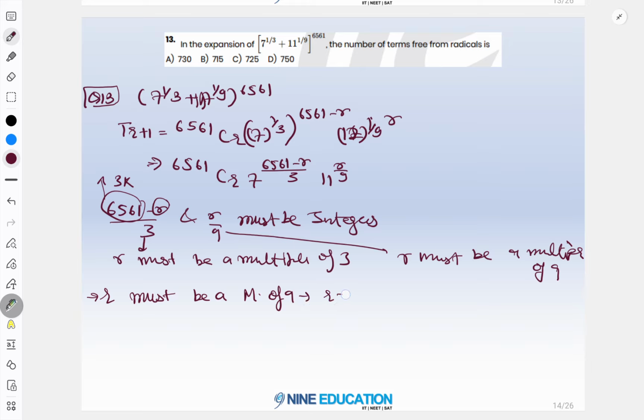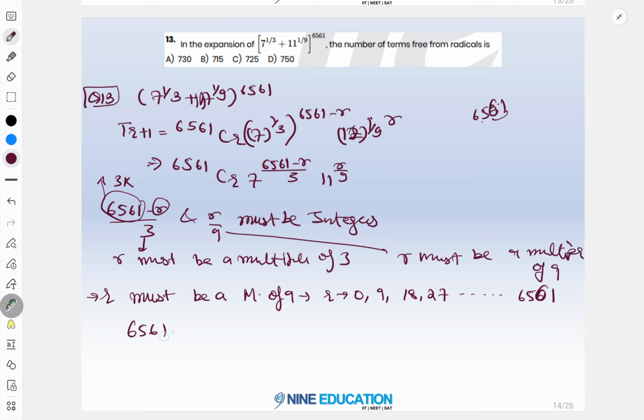So what values can r take? r can take values 0, 9, 18, 27, and so on. The last value is 6561, right? Let's check if it is divisible by 9. 6561: 6 plus 5 plus 6 plus 1 makes it 18. So yes, the last value will be 6561. Now this is an arithmetic progression, and we can count the number of terms easily.